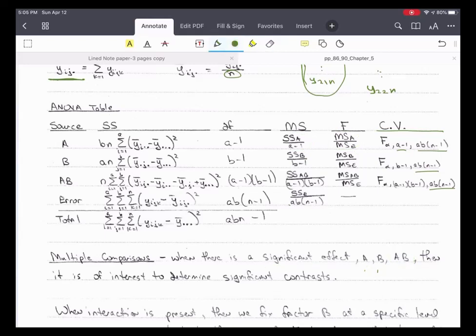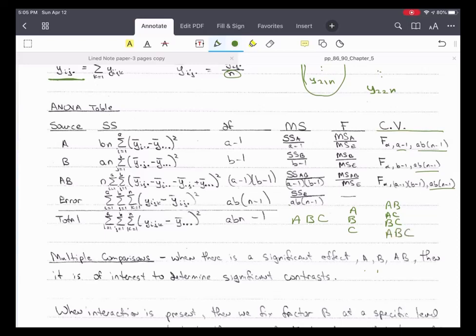But what if I had A, B, and C? So if I had three factors, I'd have A, I'd have B, I'd have AB, and don't forget C. And then I would have AB, AC, BC for the pairwise interactions, and then I'd have ABC.